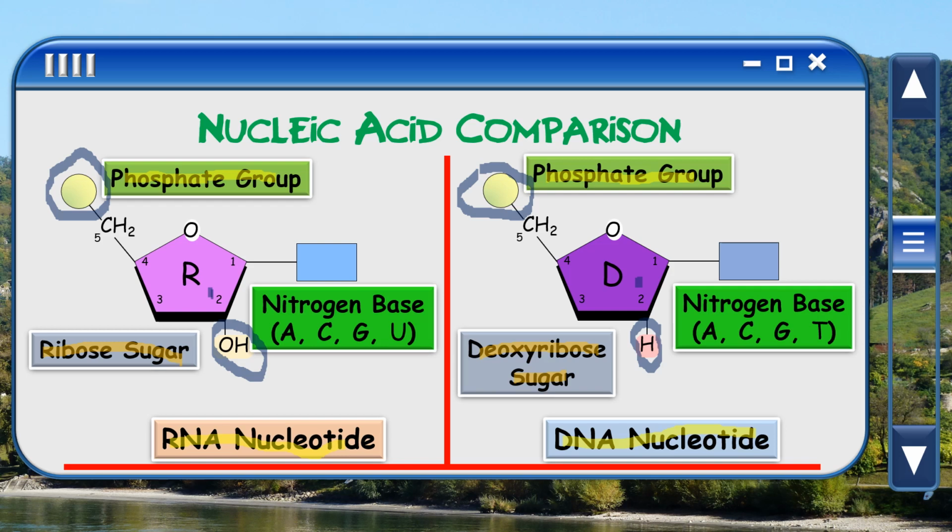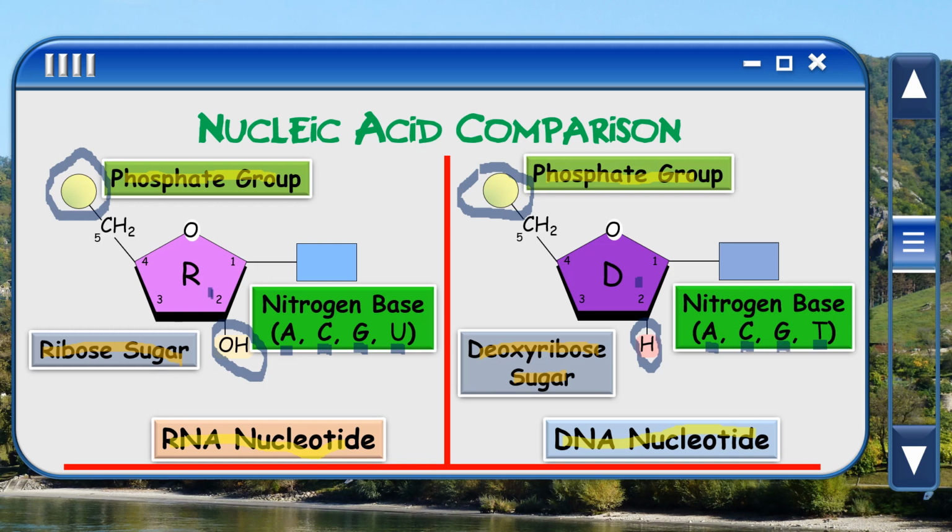Now, when we come to the nitrogenous bases, RNA has adenine, cytosine, guanine, and uracil. Those are the nitrogen bases. But DNA has adenine, cytosine, guanine, and thymine.